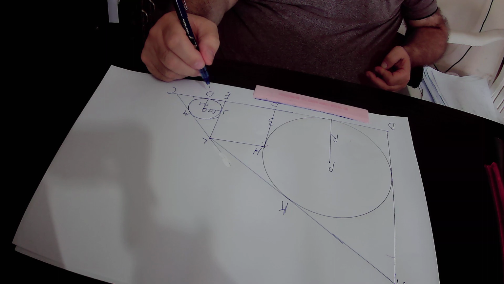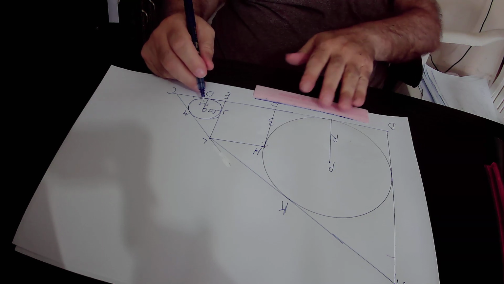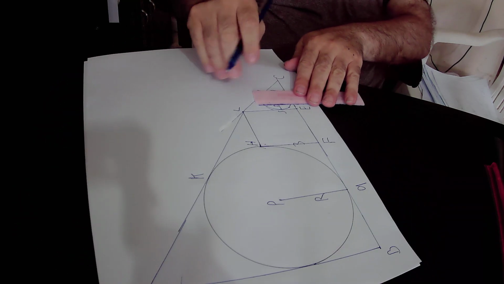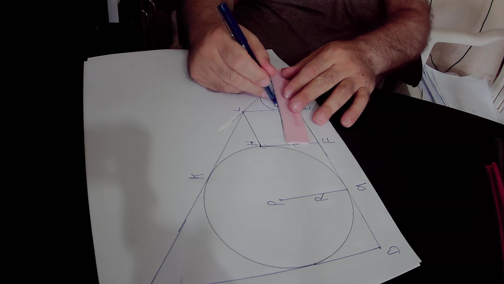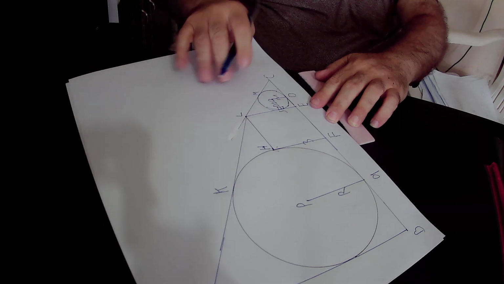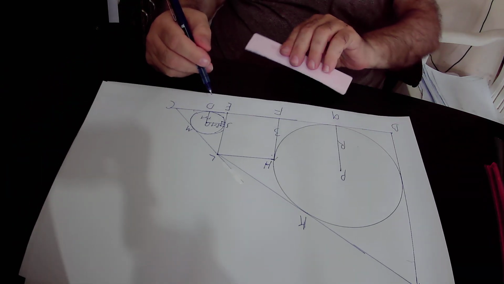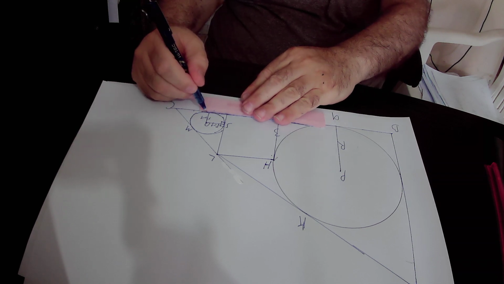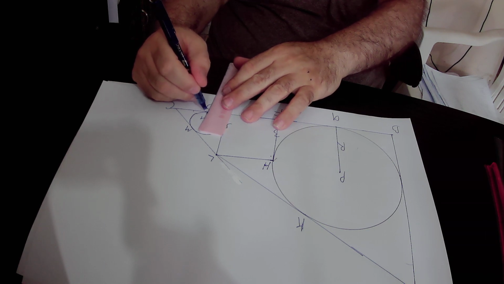And we have here rule number 1, that according to rule number 1, a tangent to a circle is perpendicular to the radius drawn to its point of tendency. So therefore, according to rule number 1, this angle will be equal to 90 degrees and this angle will be also equal to 90 degrees. Likewise, we have the radius OD that is drawn to the point of tendency. Therefore, according to rule number 1, this angle will be equal to 90 degrees and this angle will be also equal to 90 degrees.